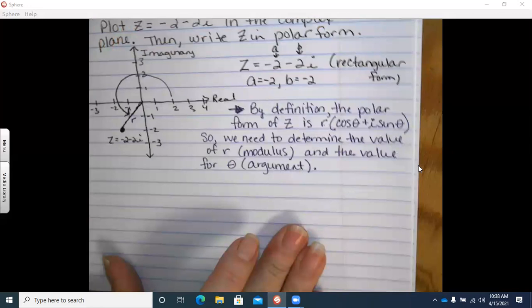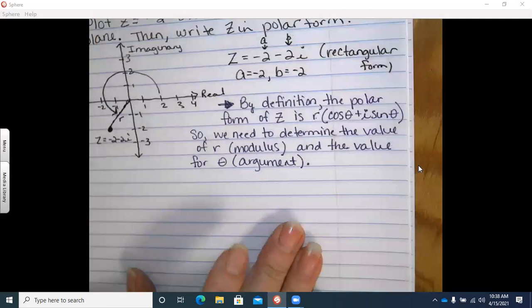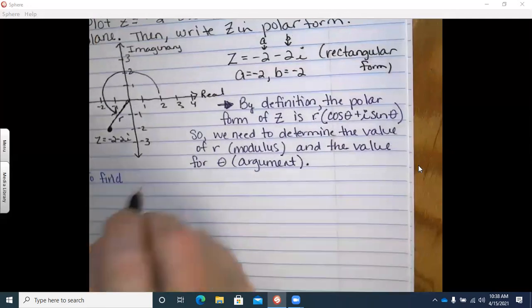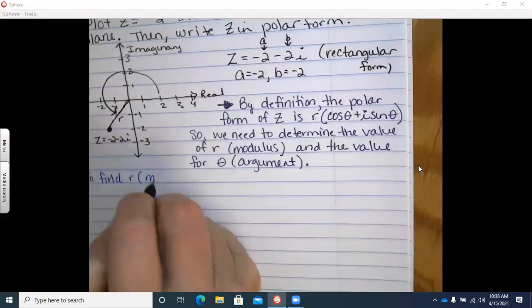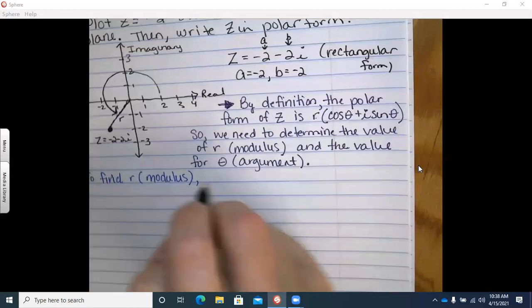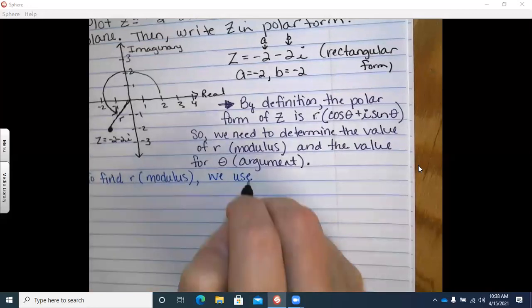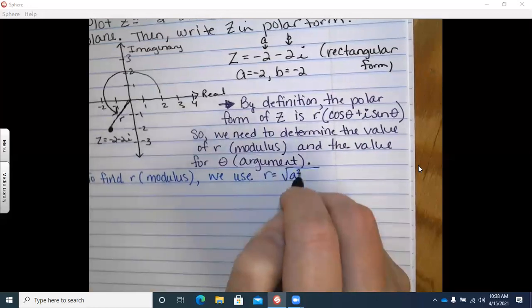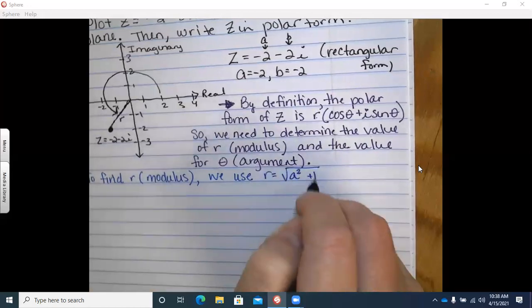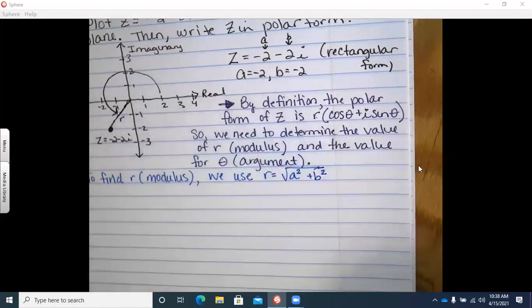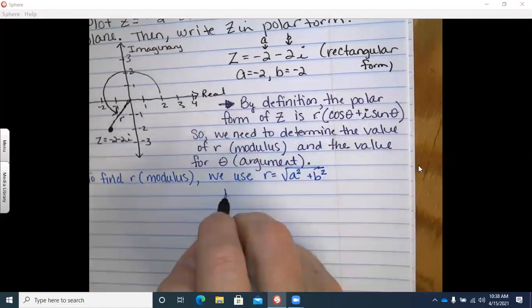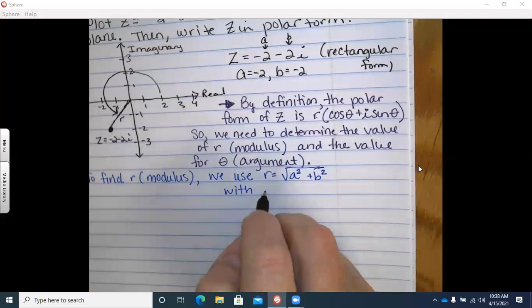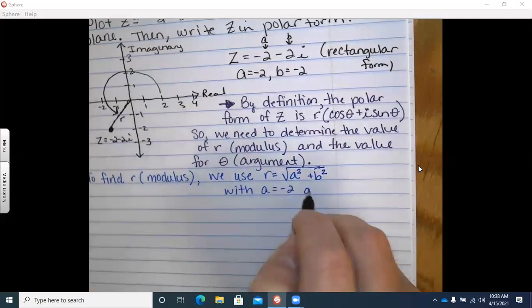To find r, the modulus, we use r equals the square root of a squared plus b squared. In this case, we know a is equal to -2 and b is equal to -2.